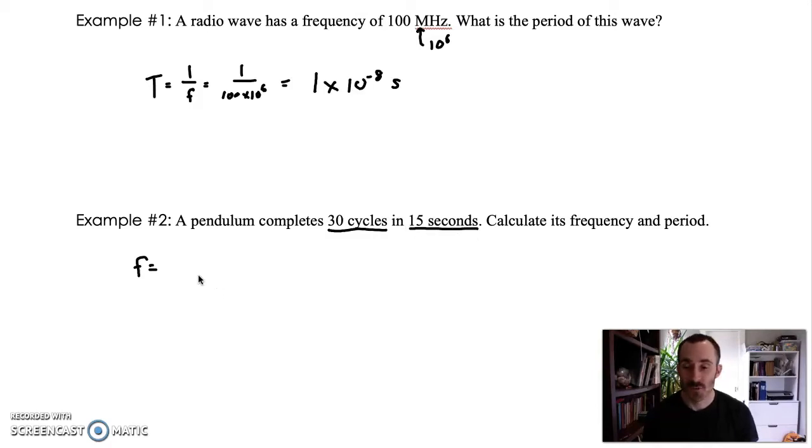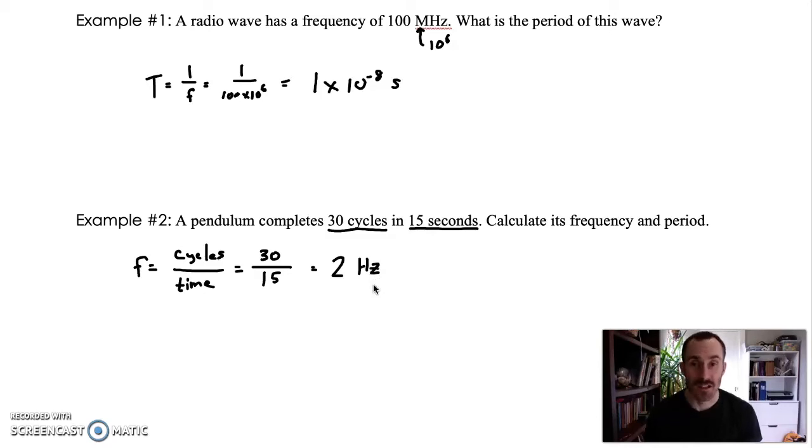So in this version, we're going to use frequency equals cycles divided by time. And our number of cycles is 30. Our number of seconds is 15. And so we end up with 2 hertz, which is 2 cycles per second.